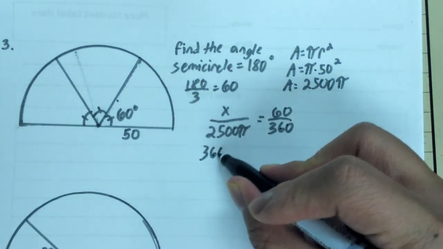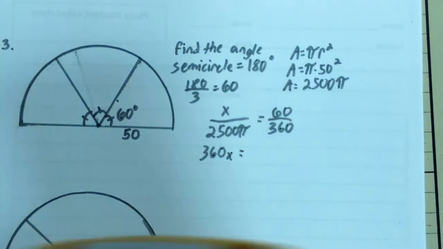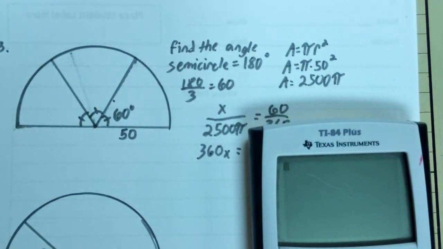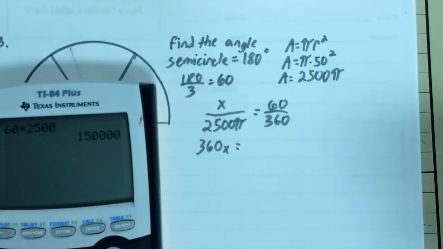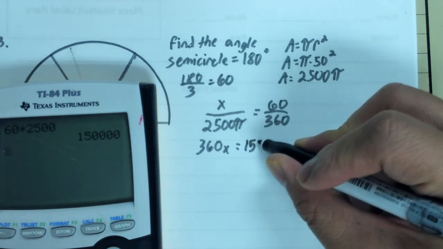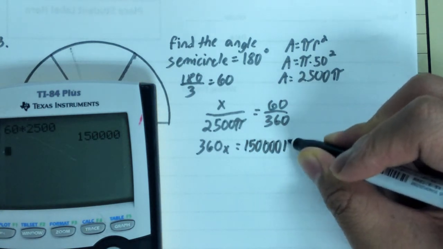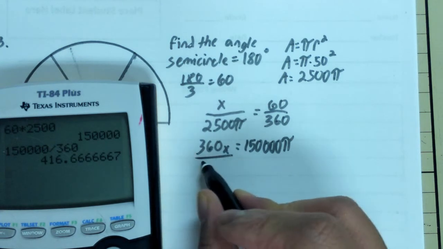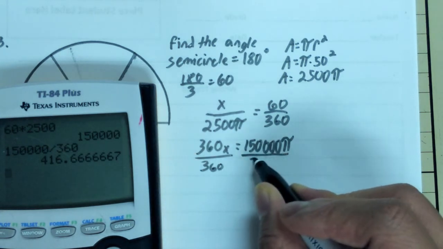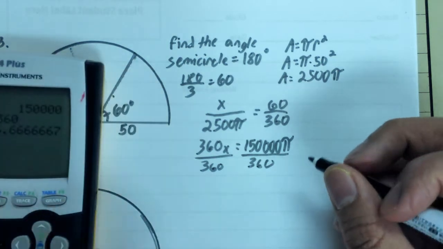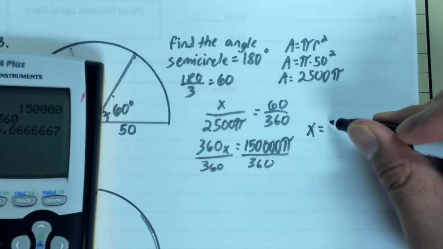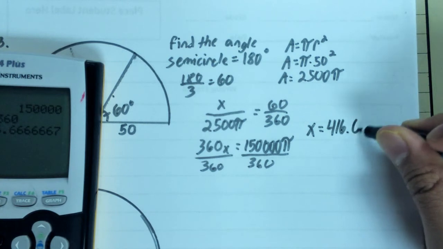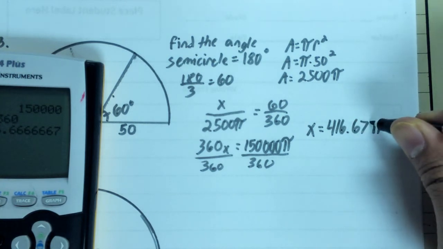Cross multiply: 360x equals 60 times 2,500, which is 150,000 pi. Then you divide that by 360, and we have x equals 416.67 pi.